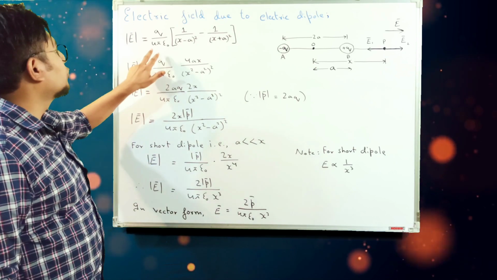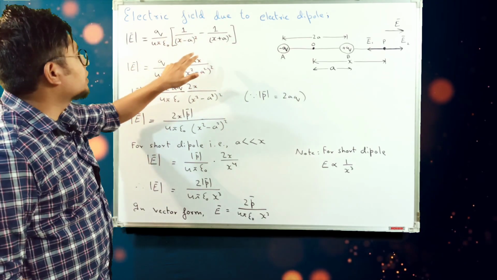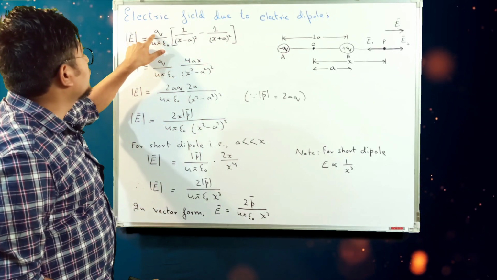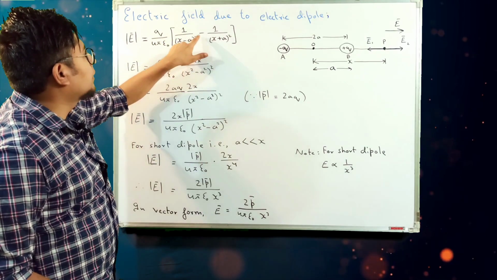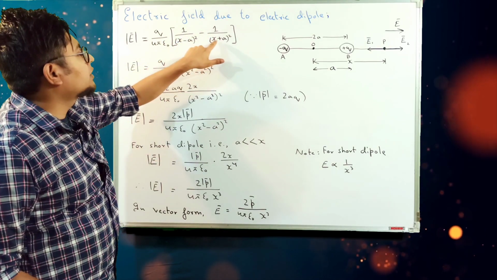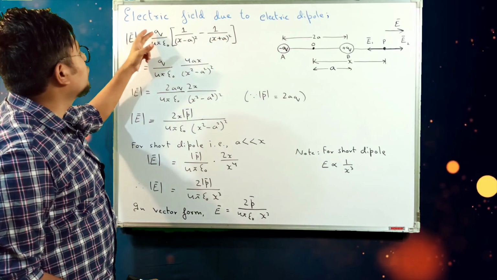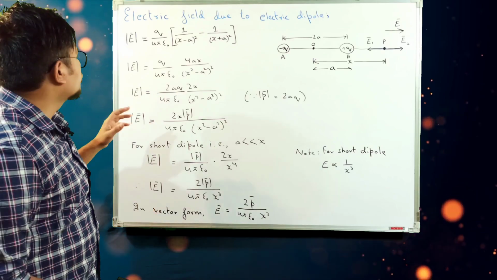Now by substituting E2 and E1 here, it becomes Q divided by 4 pi epsilon naught, 1 divided by x minus A whole thing square minus 1 divided by x plus A whole thing square. So what I have done here is I have taken Q divided by 4 pi epsilon naught as a common term.